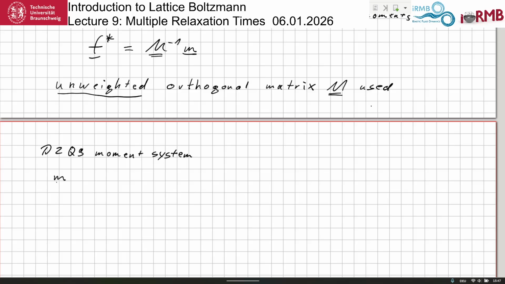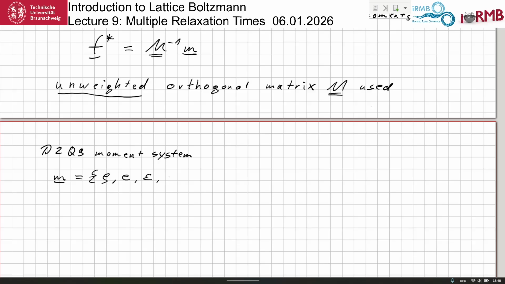That looked like this. This m was a vector of the quantities rho, which is the obvious one, the zero order moment. Then there is, and I find this ordering very strange, but this is how they did it, E. E is supposed to mean energy and is basically the pressure. Then something they call epsilon, what they call energy square.